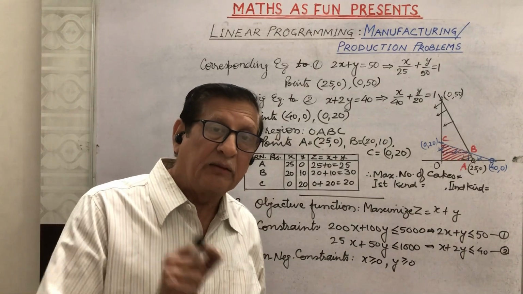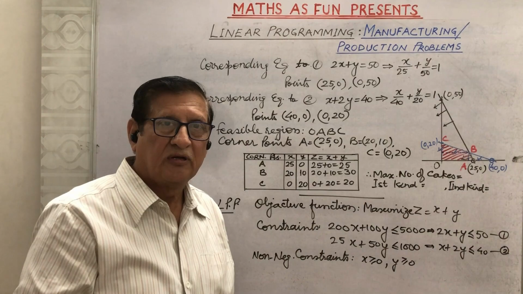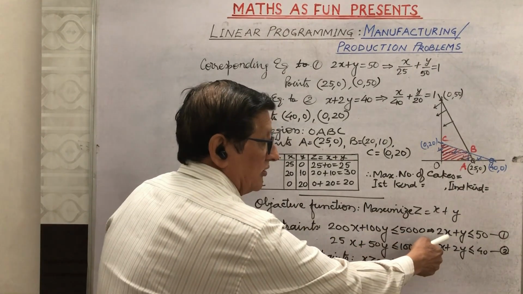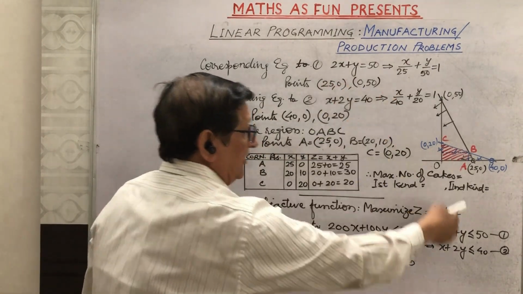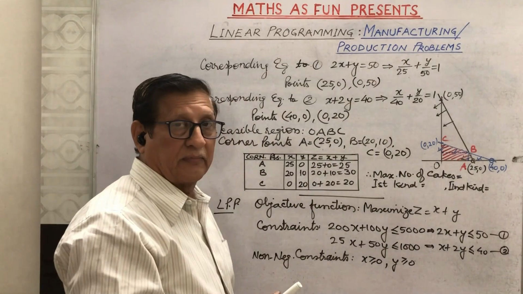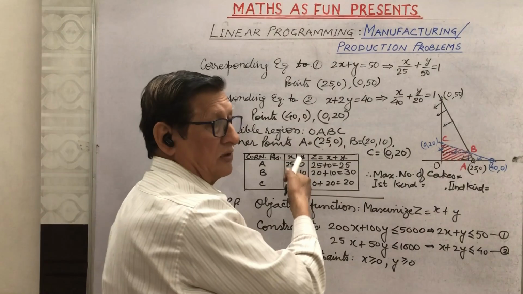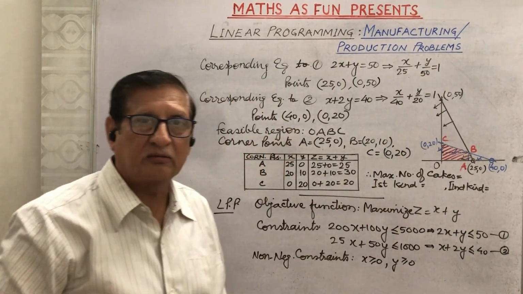After formulating the LPP, here we go for drawing the graph. For drawing the graph, we have to find the corresponding equation to inequation 1, and that is 2x plus y equal to 50. To convert it to the intercept form, we divide by 50. And we get here x upon 25 plus y upon 50 equal to 1.